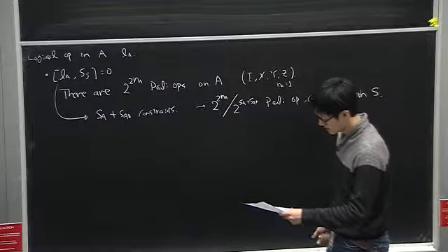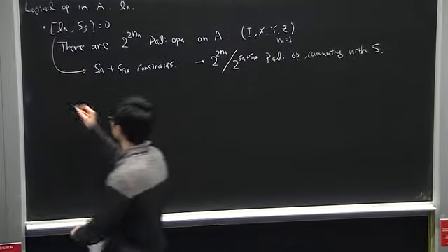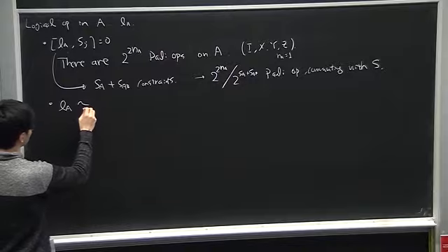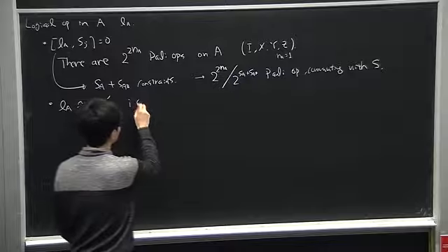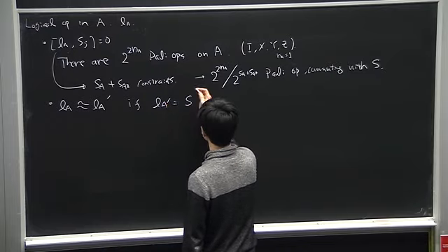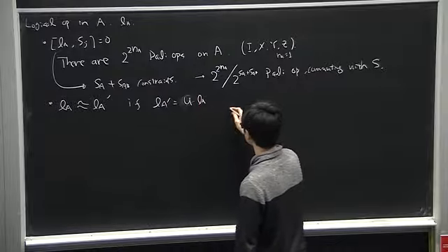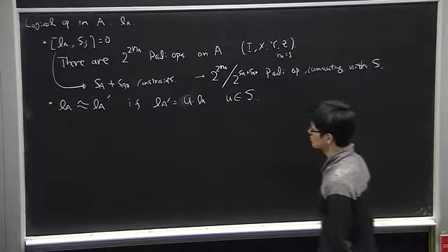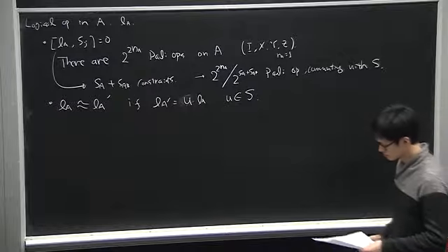On A. But commuting with the stabilizer generator is not the end of the story because logical operator LA is equivalent to another logical operator LA prime if, let's see, if they are related by application of stabilizer generators.